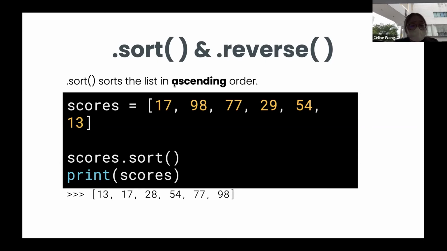The dot sort method allows us to sort the list in ascending order. For example, here on the screen, we have a list that is not sorted in any particular order. If we do a dot sort on the list and print the list, we can see that it is now printed out in ascending order: 13, 17, 28, and so on.